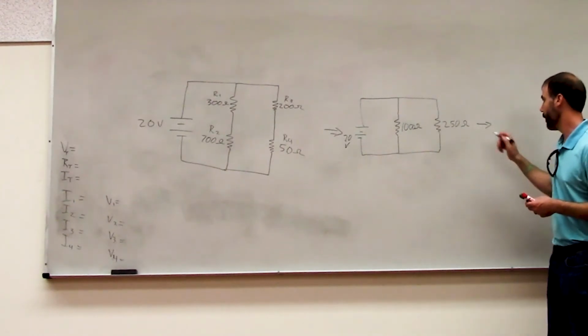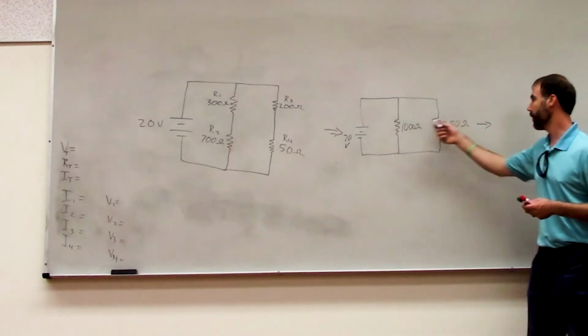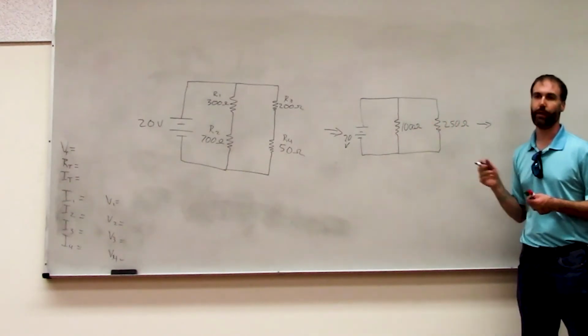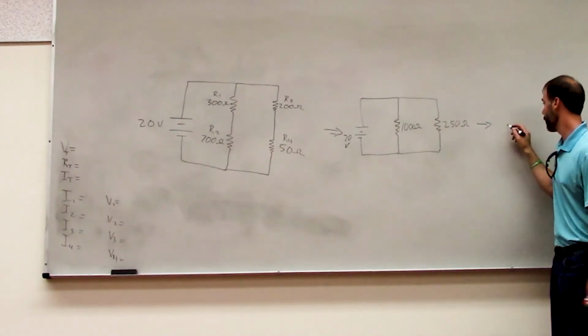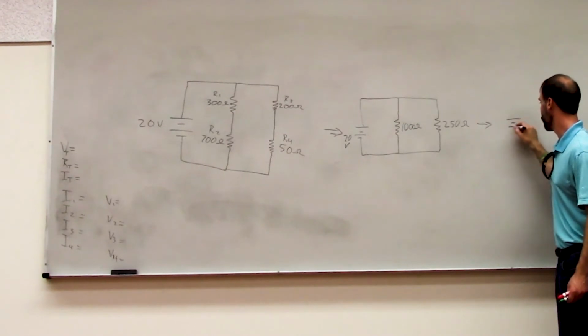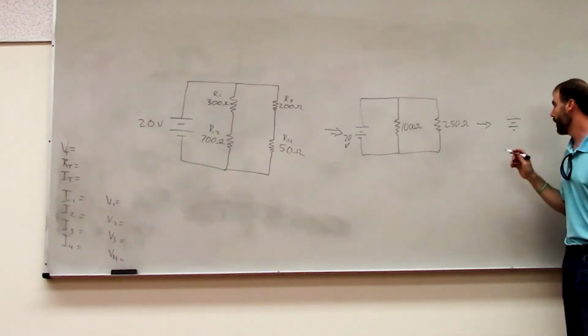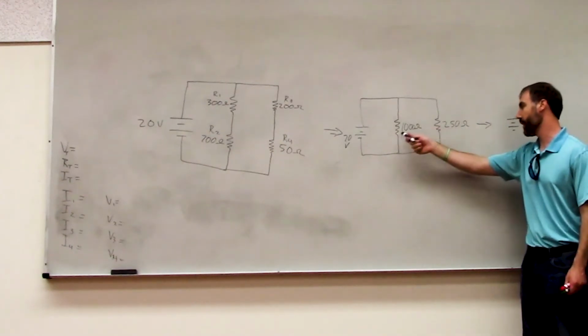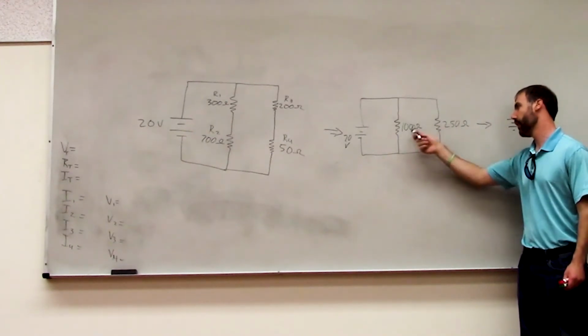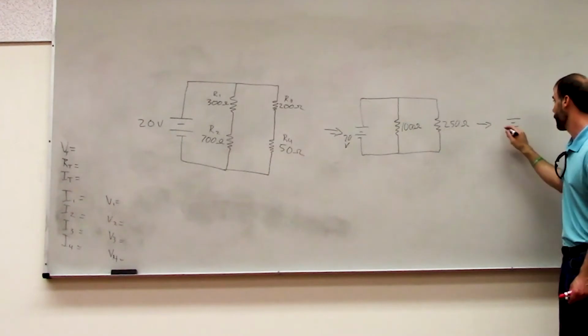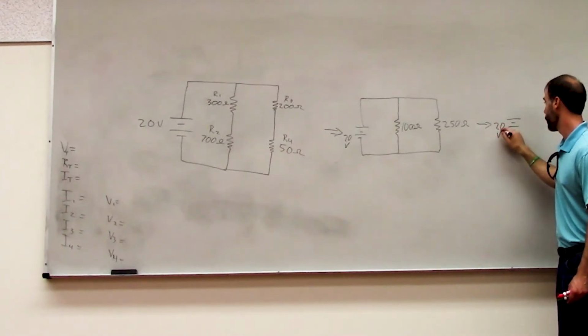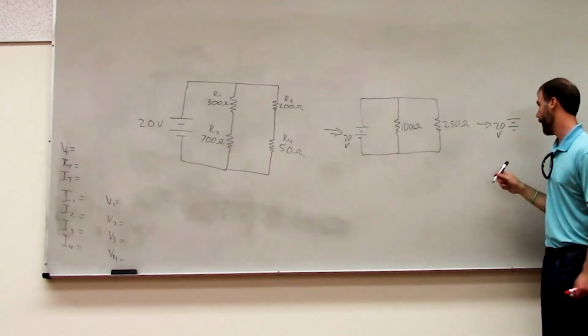Yeah, so right, we've got two resistors that are in parallel now. So we can simplify those. And we can't just use the easy formula that we used last time, because that only applies when both resistors are the same. And here the resistors are different. So we have to use the more complicated formula, right?